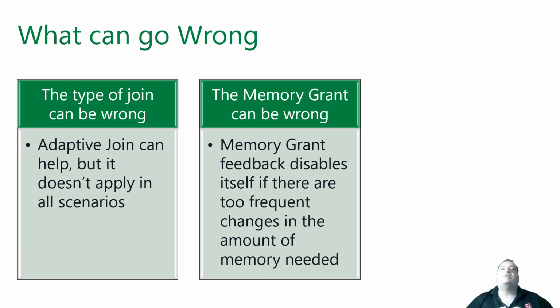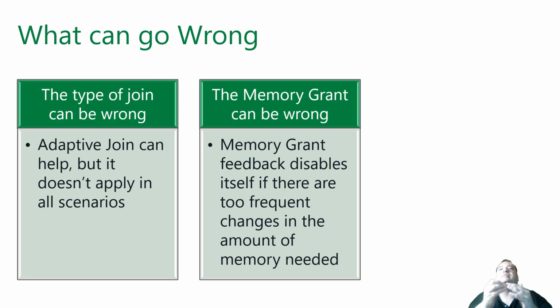What the memory grant feedback does: when a query is executed and after execution SQL Server notices the memory grant for that query was not enough, or was too much, a feedback is created.